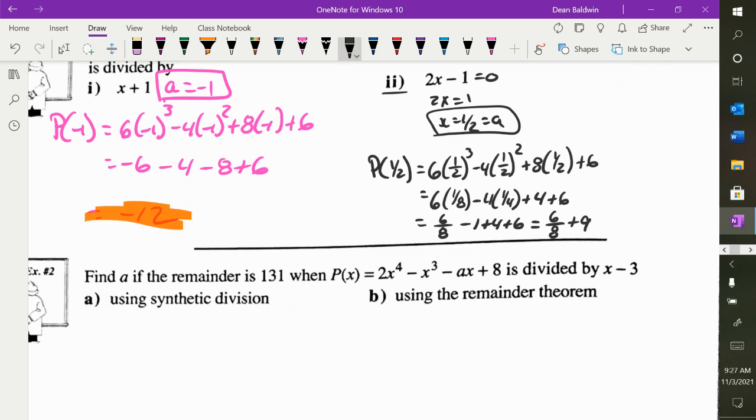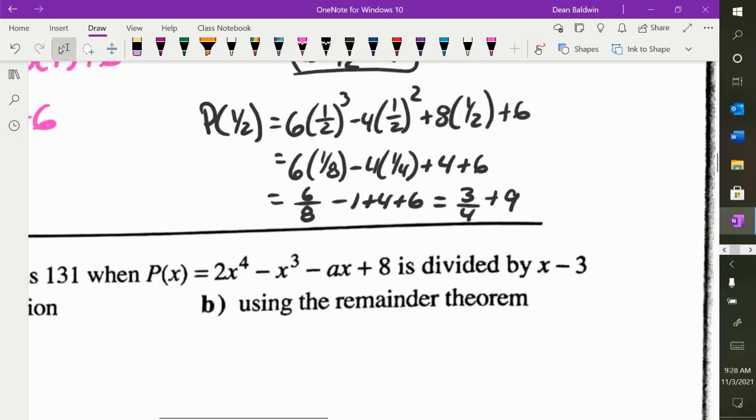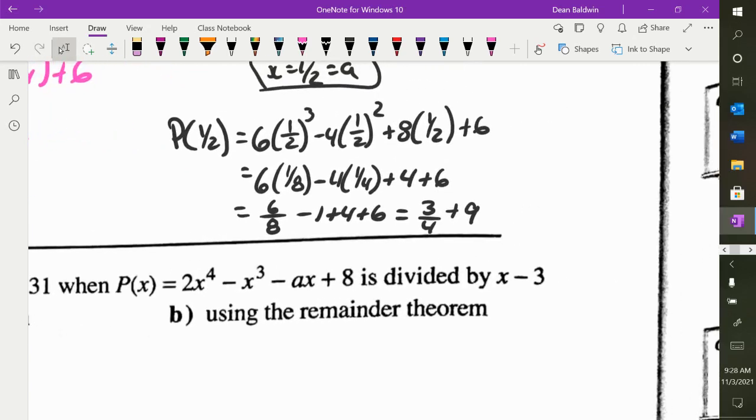I guess I could reduce that, couldn't I? How do you add fractions? Make the common denominator, which would be 36 over 4. And then just add the numerators. There's your answer.